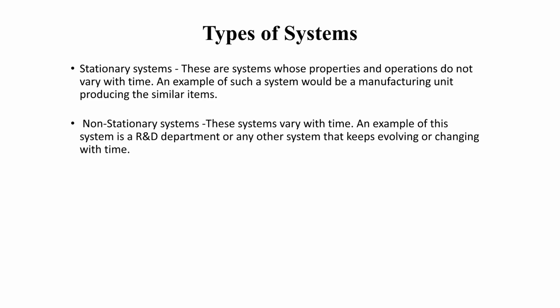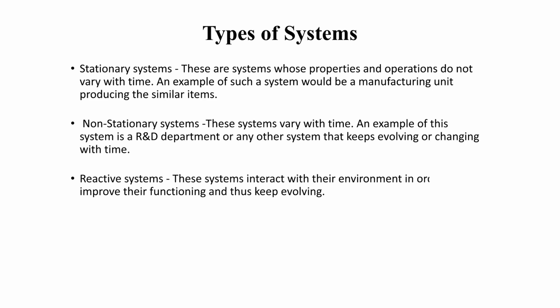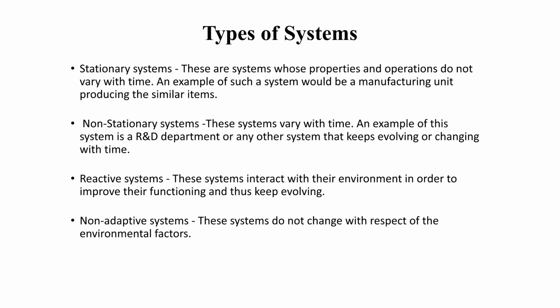Non-stationary system. These systems vary with time. An example of this system is a research and development department or any other system that keeps evolving or changing with time. The next type of system is reactive system. These systems interact with their environment in order to improve their functioning and thus keep evolving. Non-adaptive system. These systems do not change with respect to environmental factors.